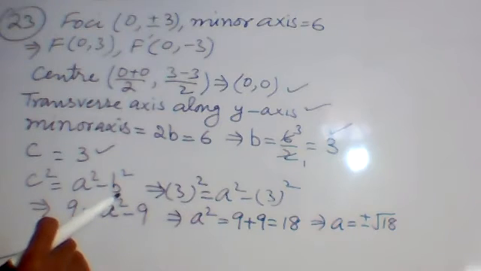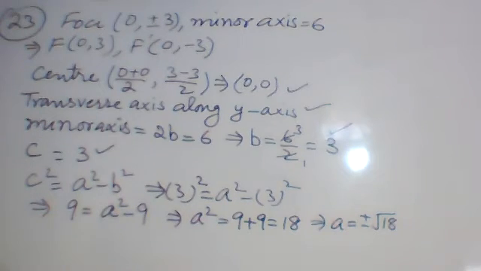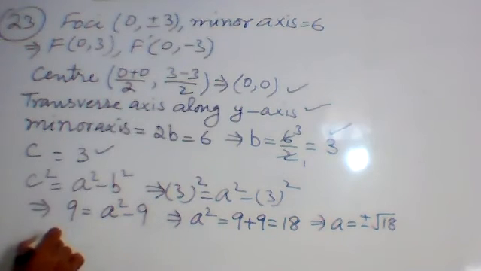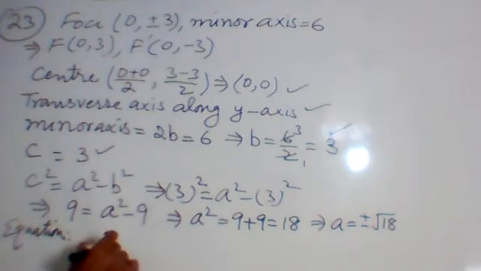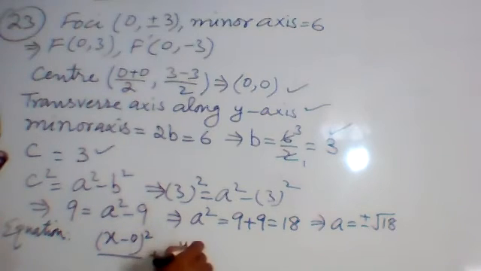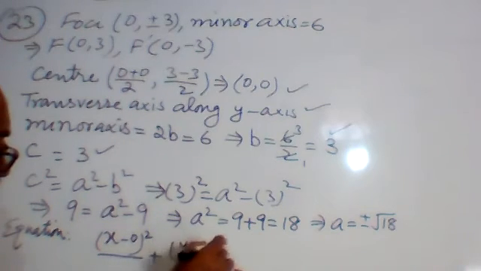So we will write the equation. x minus the x coordinate of the center whole square upon, plus y minus the y coordinate of the center whole square upon, equal to 1.